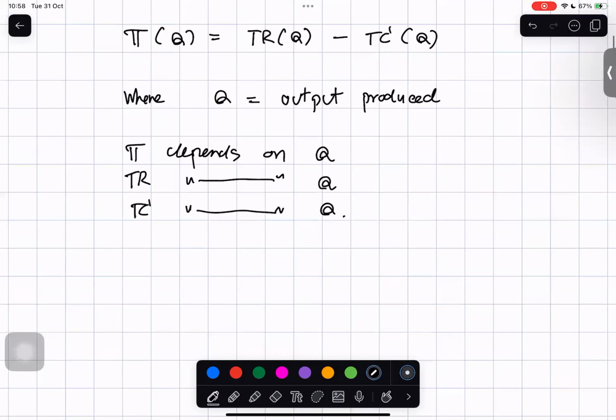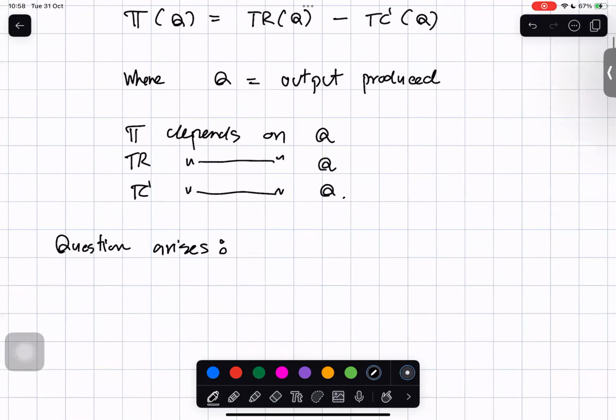So the question to the firm is to maximize profits. How many cookies should the firm produce if this is a cookie production?